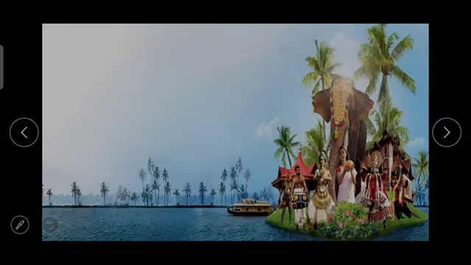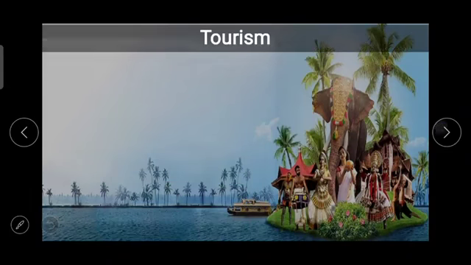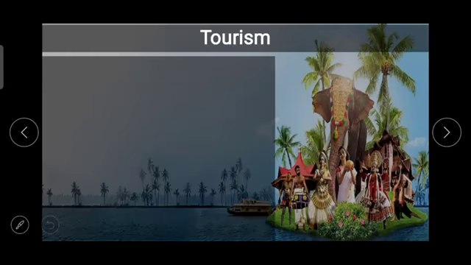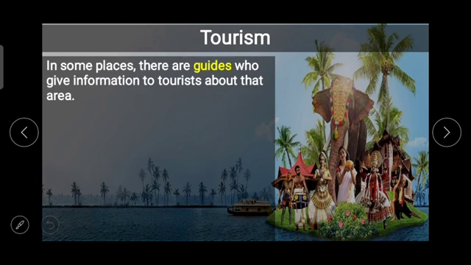In some places, there are guides who give information to tourists about that area, and it is very important to have a guide while traveling or to know something about a particular place.